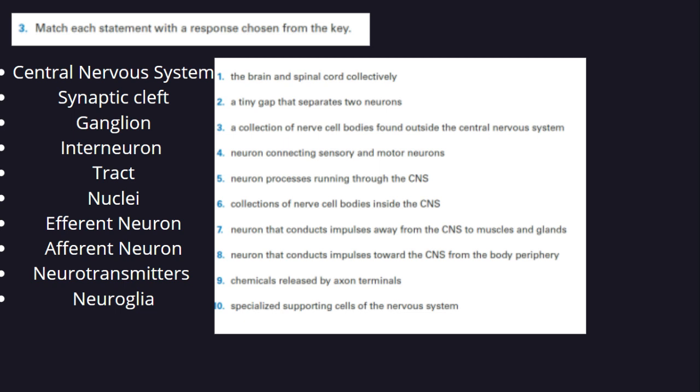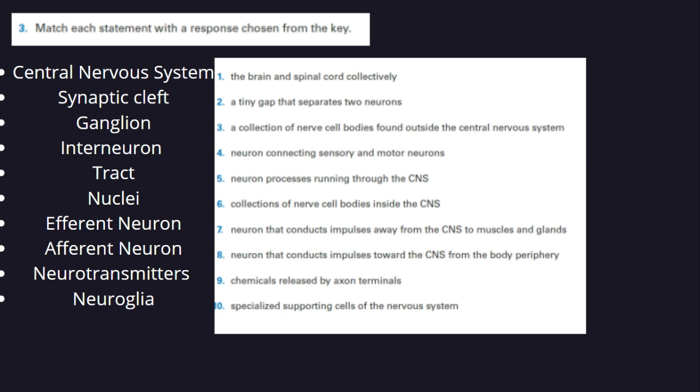Interneuron. Number 5. Neuron process running through the CNS. Tract. Number 6. Collection of nerve cell bodies inside the CNS. Nuclei. Number 7. Neuron that conducts impulses away from the CNS to muscles and glands.